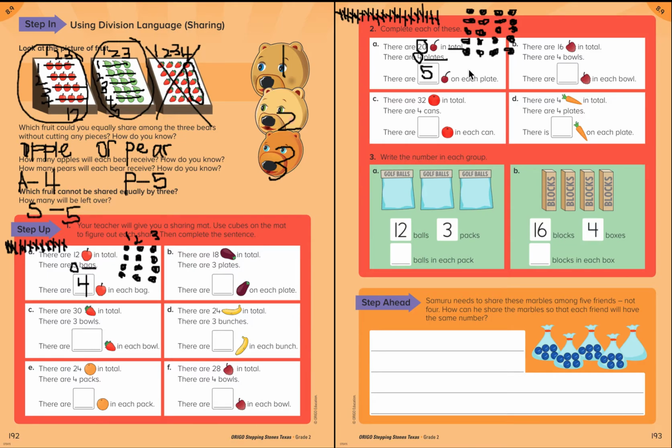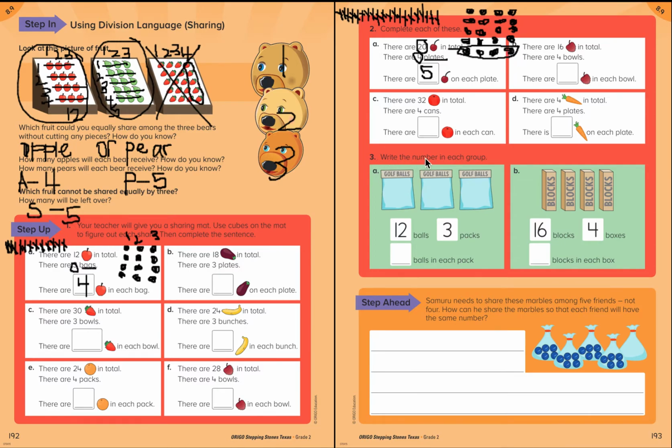So let me go back and count to make sure that makes sense. 1, 2, 3, 4, 5, 6, 7, 8, 9, 10, 11, 12, 13, 14, 15, 16, 17, 18, 19, 20. So that gives me 5 cherries on each plate.